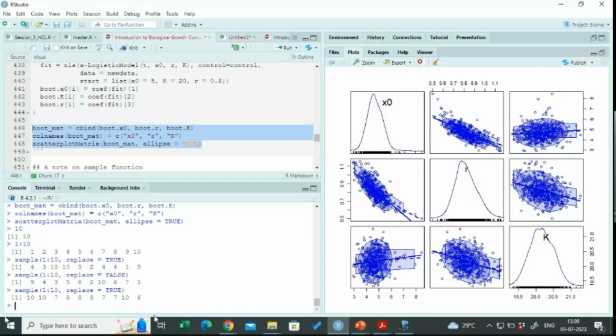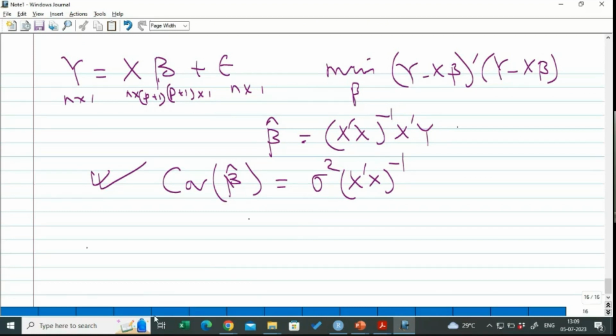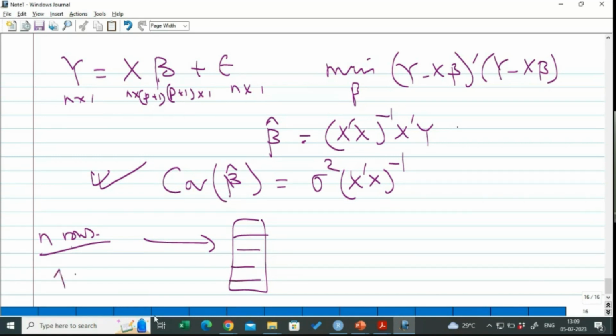Okay, this is a very small exercise. Theoretically, you can also prove the probability that a row is going to be part of one of the samples. If you have n rows in the data and you have a bootstrap sample, you take one row from here.